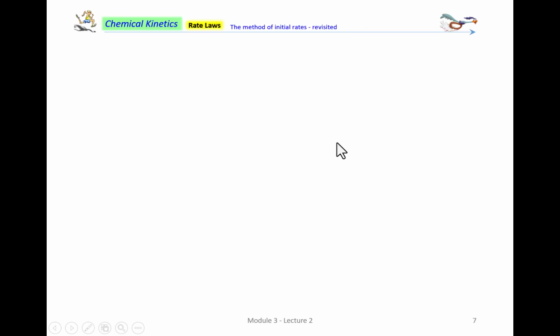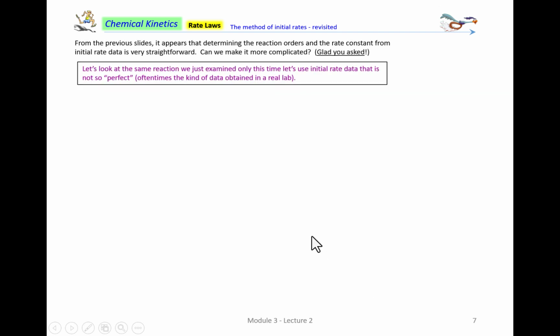Now let's revisit the method of initial rates. And remember I mentioned a few seconds ago that real data is probably not as easy to work with or as straightforward as made-up data. And so we're going to try to revisit this reaction and some experimental data and make it look a little more realistic.